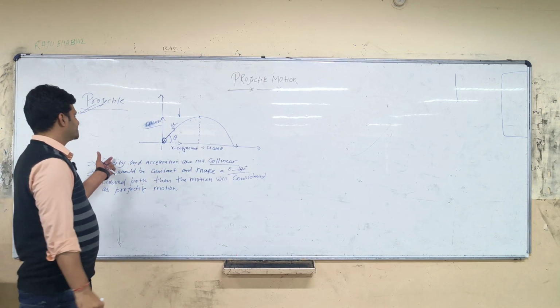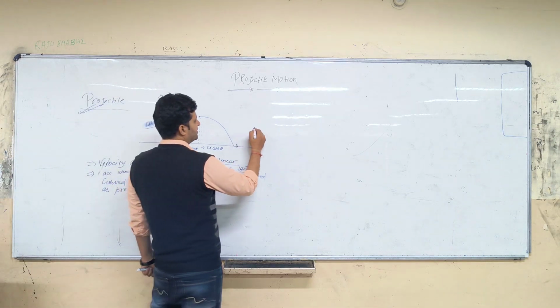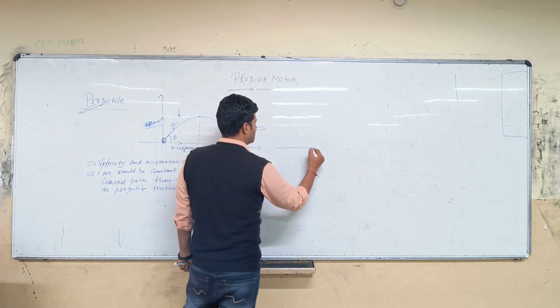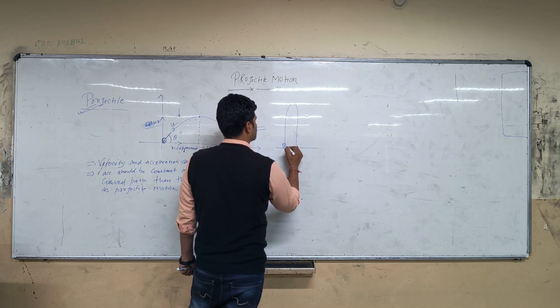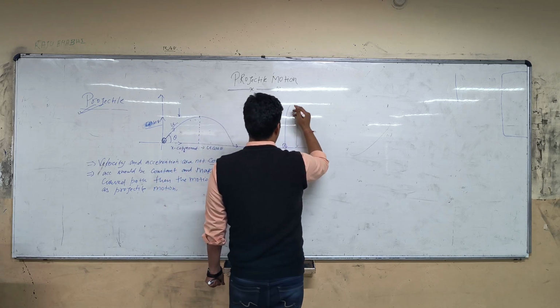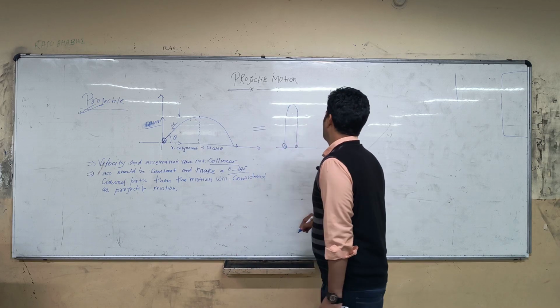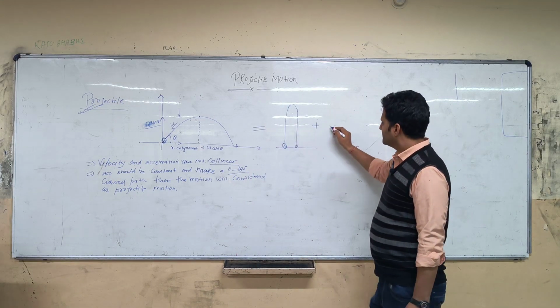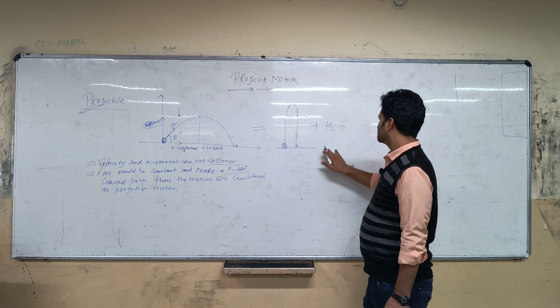Actually, if you want to understand the concept of projectile, you have to understand that projectile motion is basically the combination of vertical motion under gravity, whatever we have understood in 1D, and the horizontal component, which I have written in short form.